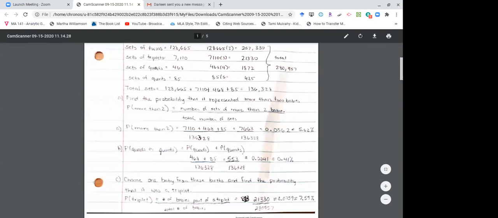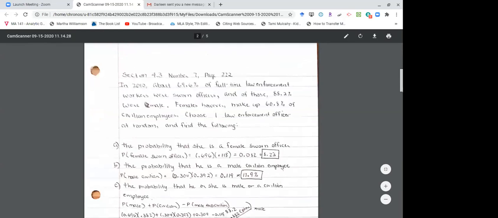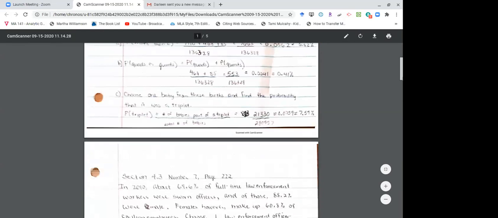And you do the math. And when you do the math, you get 21,330. That's how many babies were part of a triplet over the total number of babies born, 280,957.